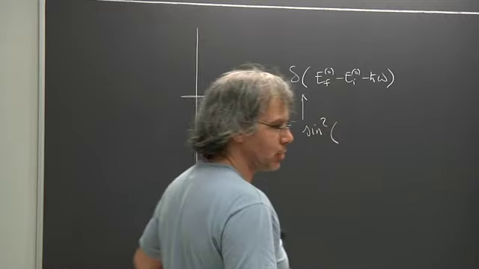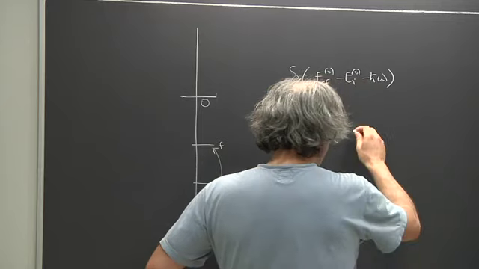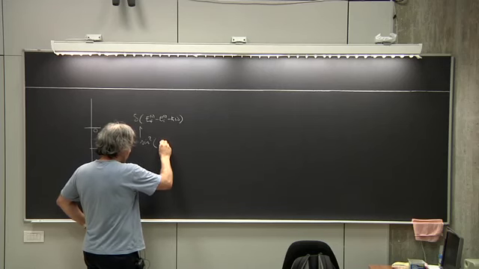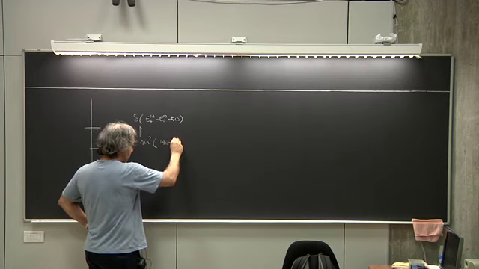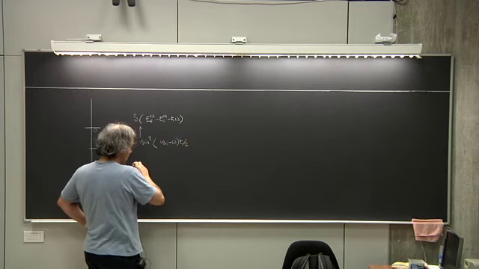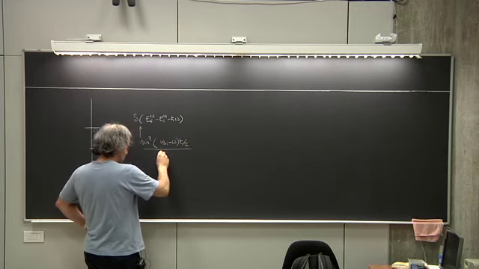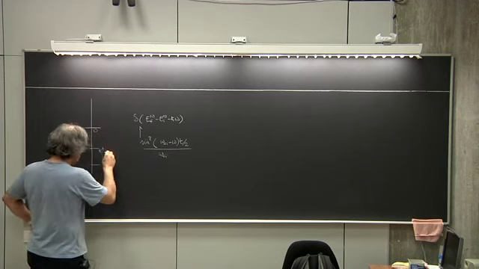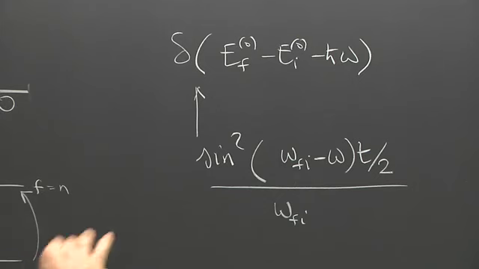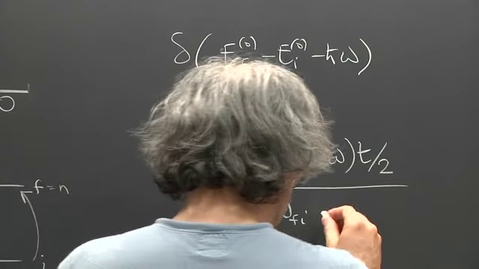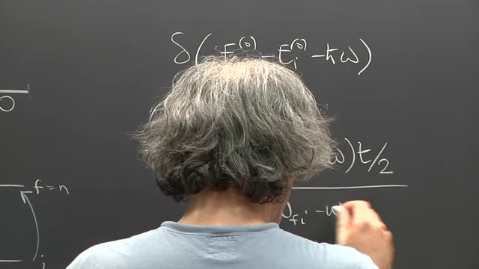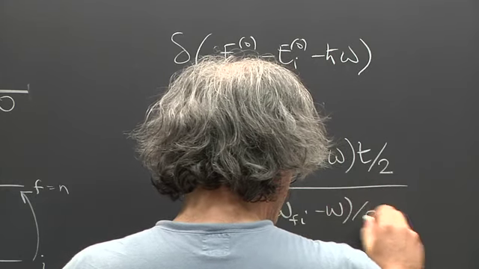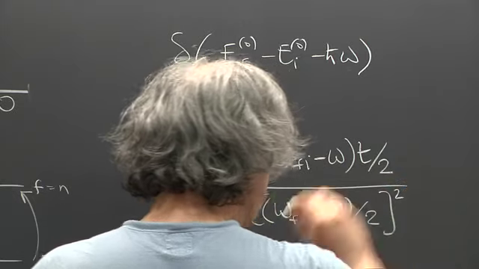Remember that we had an expression involving the sine square of (omega_fi minus omega) times t divided by 2, okay? Divided by something like (omega_fi minus omega) divided by 2 squared. I was using n i, but now I'm calling the final state f, so that you understand this, okay?